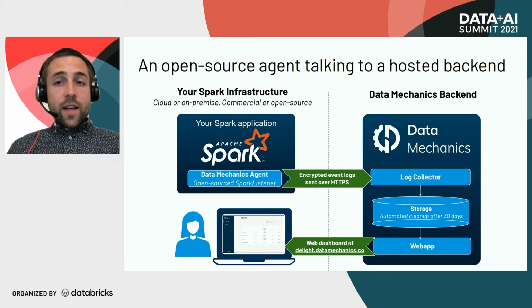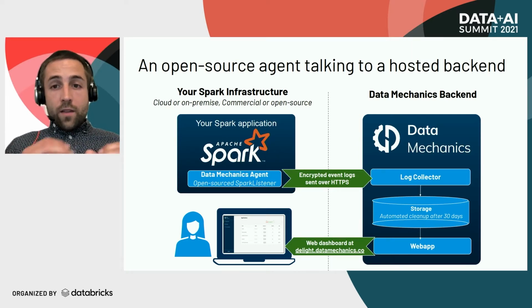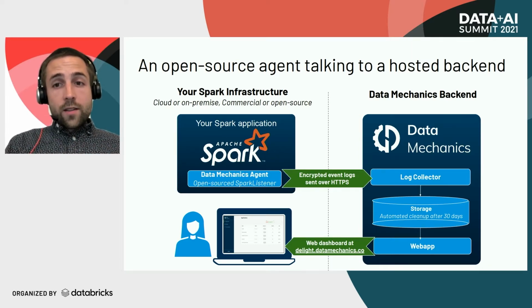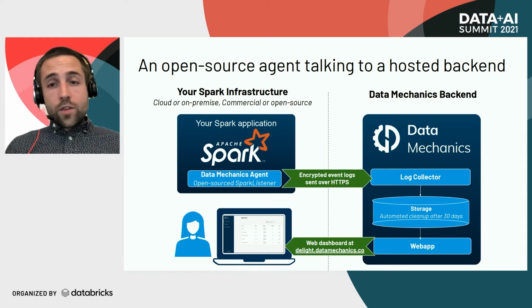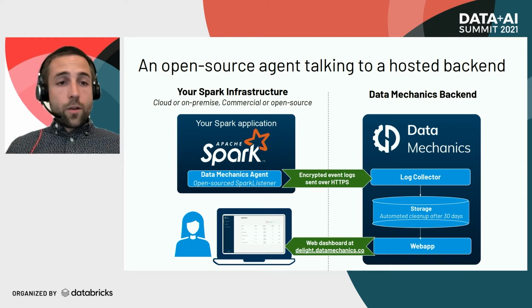These logs contain metadata about your Spark application, like how much data was read and written by each task, how much memory and CPU were used, and so on. This metadata is sent over HTTPS and stored securely on our side. It is accessible only by you through a web dashboard served at delight.datamechanics.co. And then after 30 days, we automatically clean up your logs.